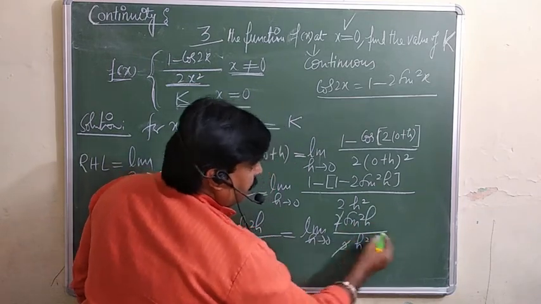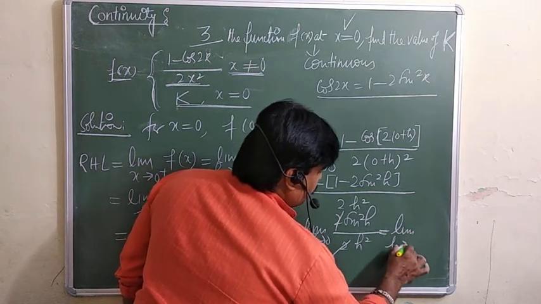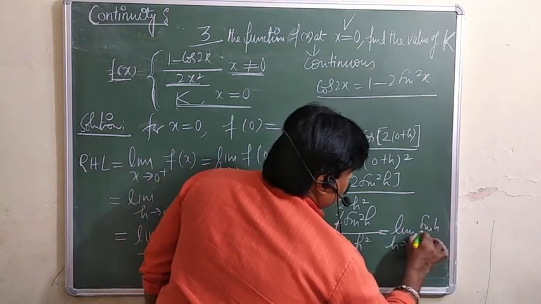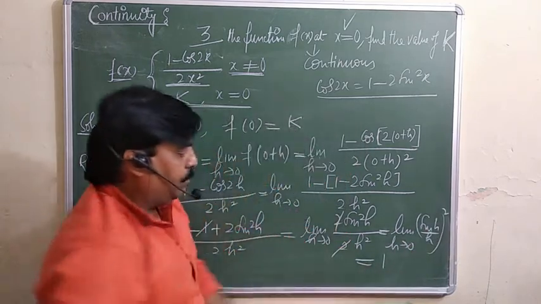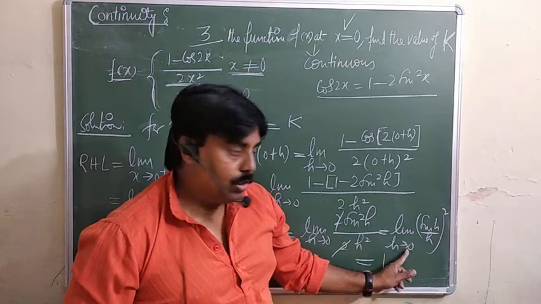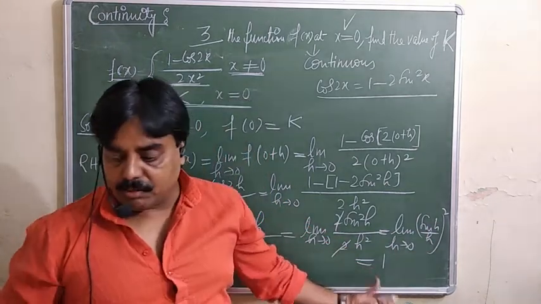You can cancel, and this can be written as limit h tends to 0 of (sin h over h) whole square. This will be equal to 1, because limit theta tends to 0 of sin theta over theta is equal to 1. So 1 square, you will get 1.